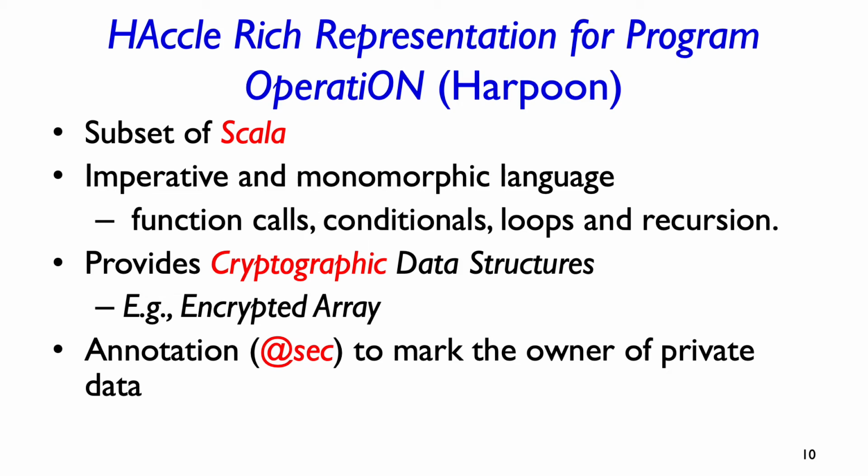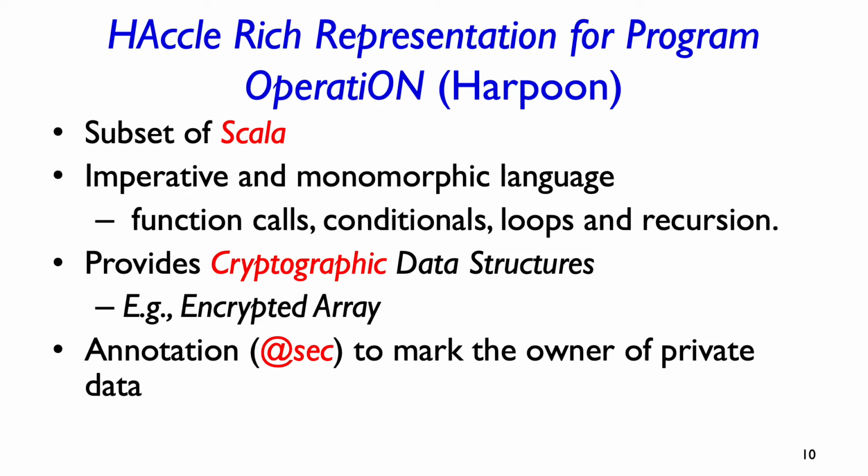Now let us look at the Harpoon programming language, which is used to express the main secure MPC computation. Harpoon is a subset of Scala. It's an imperative monomorphic language, and it has the usual control structures such as function calls, conditionals, loops, and recursion.